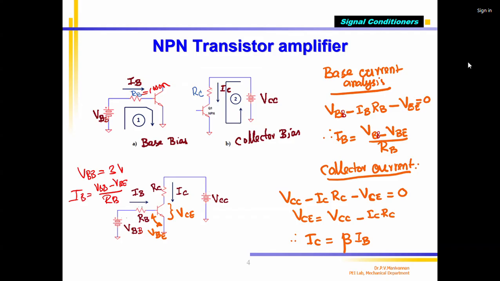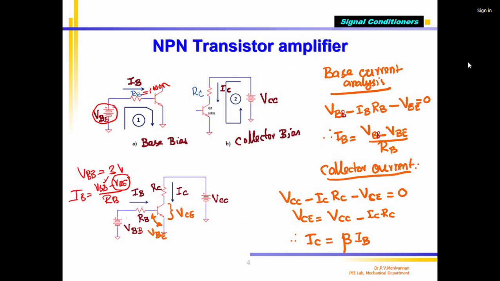So IB equals VBB, which is the voltage you are supplying. Currently, you can vary from 0 to 5 volts, but I am giving 3 volts. We know VBE is always 0.7 if VBB is greater than 0.8, up to 5 volts.